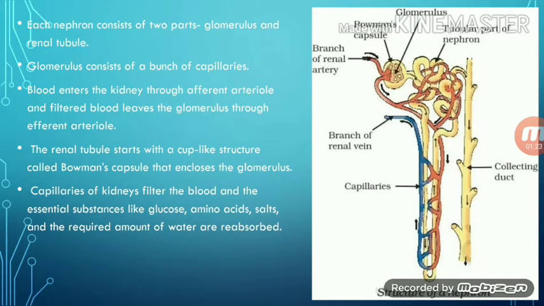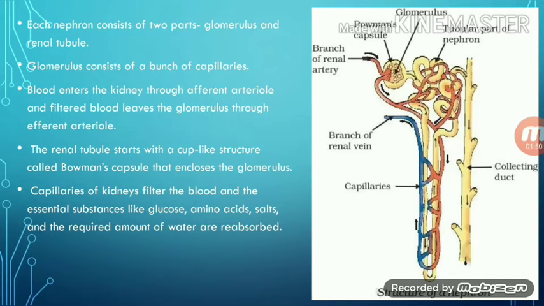The renal tubule starts with a cup-like structure, that is the Bowman's capsule. It is a part of the renal tubule, a cup-like structure around the glomerulus.